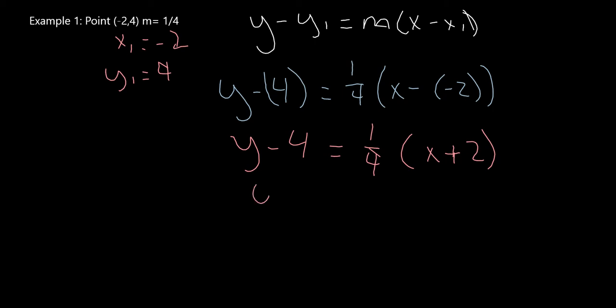So now y minus 4 on the left equals 1/4 times x is 1/4 x, and then 1/4 times 2, well, 1 times 2 is 2, so positive 2/4, which reduces to 1/2.